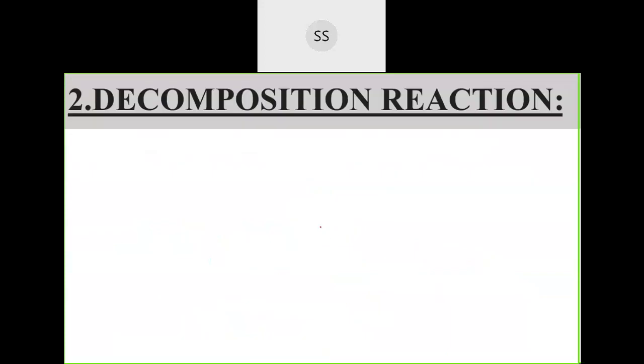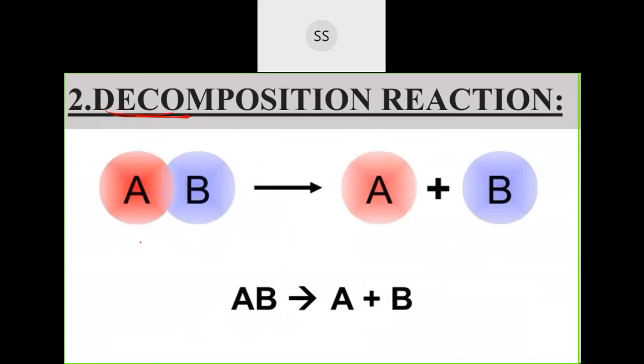The next reaction is decomposition reaction. Decomposition is exactly opposite to what we do for combination. Decomposing means what? Breaking down. Usually organic compounds undergo decomposition where they break down into smaller products. So if I have AB as the reactant, AB is the big compound I am having.